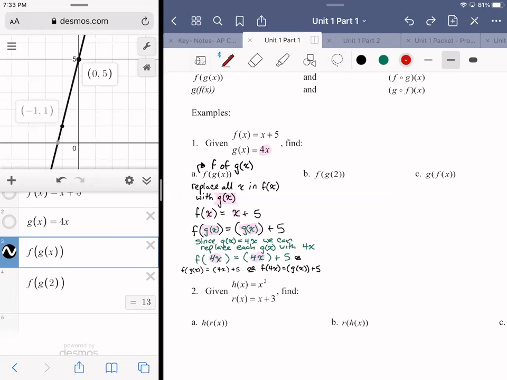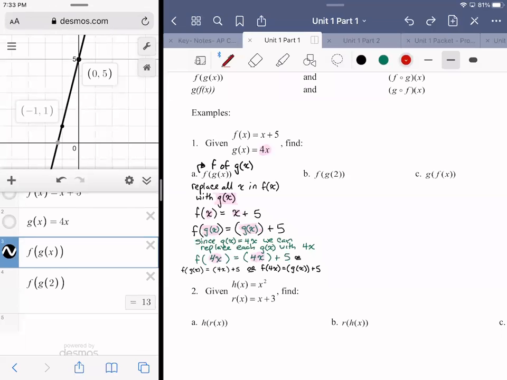So change in y over change in x. So maybe I start off at this point. From there, I'd have to go up 4 and right 1. So to get from this point to this point, I would have to go up 4 units and right 1 unit. And that would give me the slope.